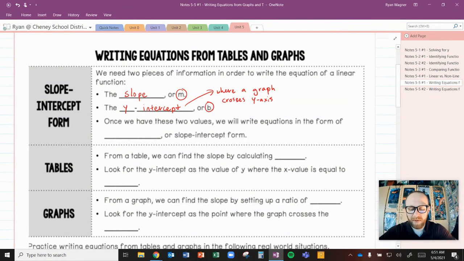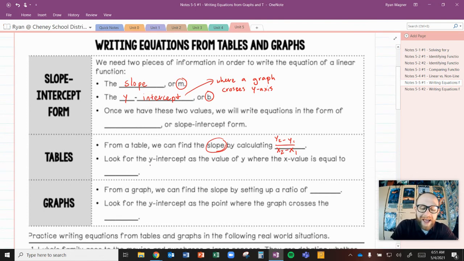From a table, we can find the slope by calculating y2 minus y1 over x2 minus x1. So that is our slope formula where we pick 2 points, we plug them in, y2 minus y1 over x2 minus x1. That gives us our slope.